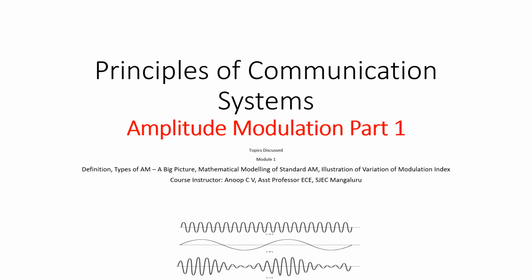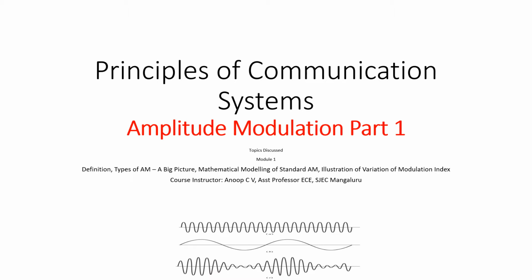So in the previous session, we tried to set a context for this entire course, Principles of Communication System, wherein we discussed the need for modulation. We even saw how modulation can facilitate multiplexing of various information through a single channel, and how modulation can reduce the height of the antenna.